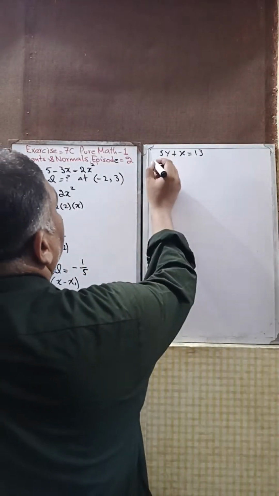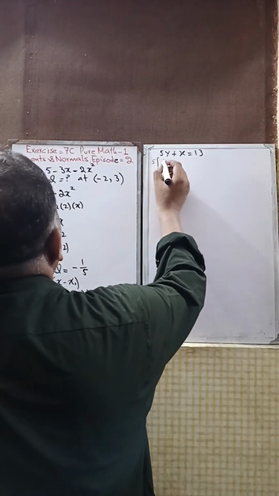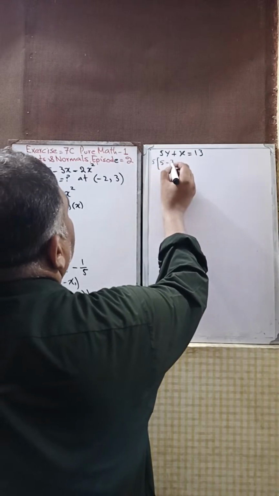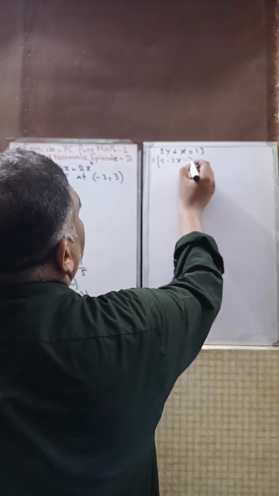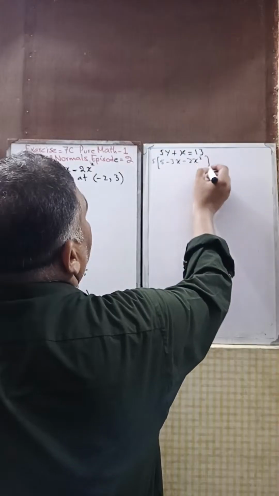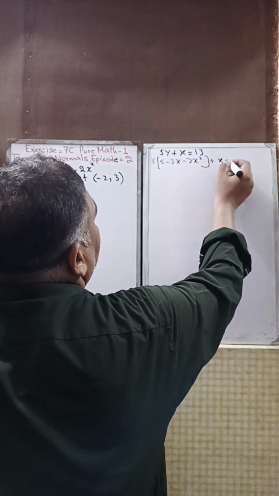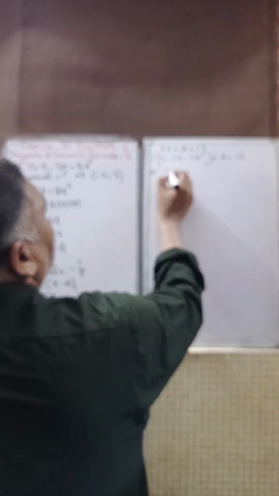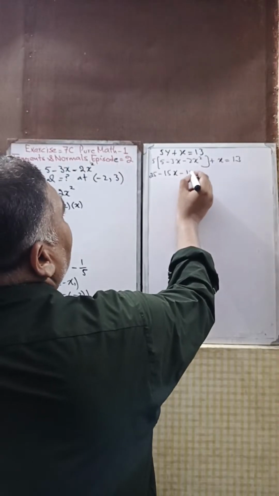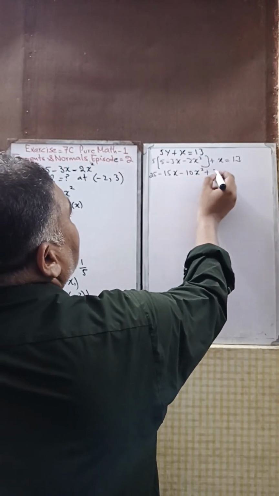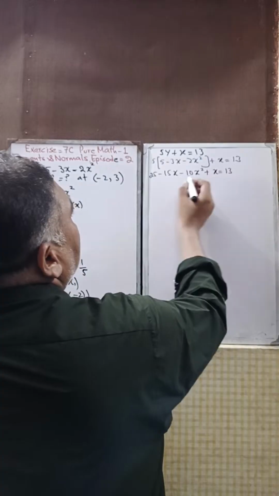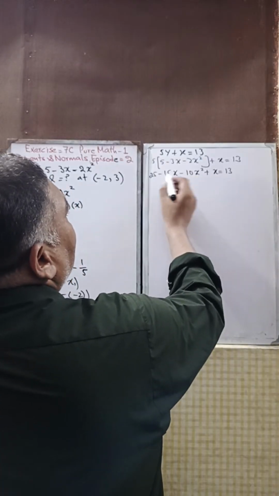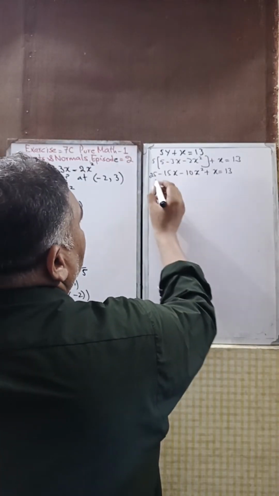It will become 5 times (5 minus 3x minus 2x squared) plus x equals 13. This will become 25 minus 15x minus 10x squared plus x equals 13. So minus 15x plus x is minus 14x.